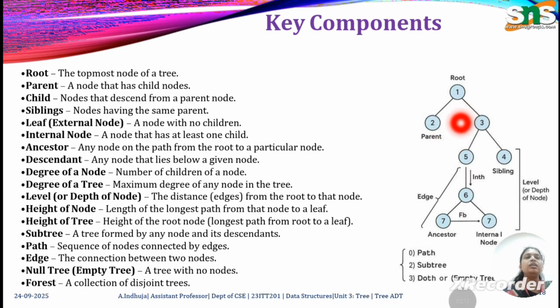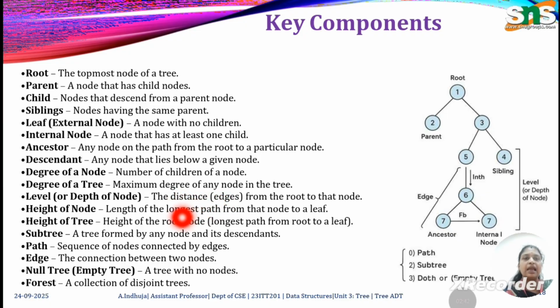For example, since it is a binary tree, it has at most 2 children. Suppose I consider a normal tree or a 3-way tree, the maximum degree of a node in the tree is taken as the degree of the tree also. So the maximum degree of any node in the tree is called the degree of that particular tree.